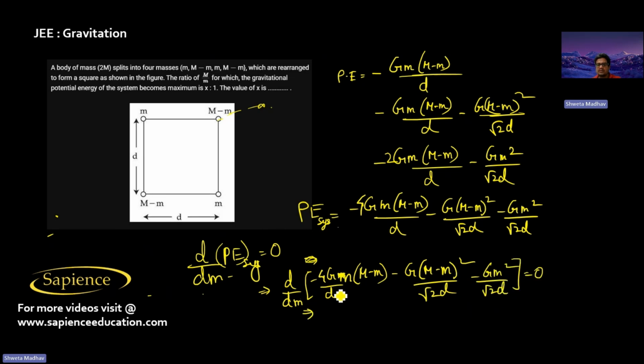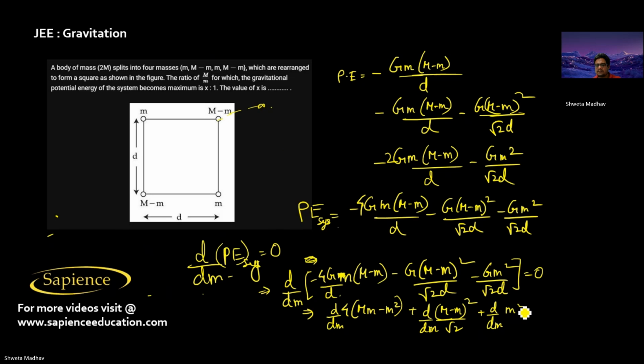So G by d I can cancel. So d by dM of 4 into Mm minus M square, plus d by dM of (M minus m) whole square by root 2, plus d by dM of M square by root 2 should be equal to 0.